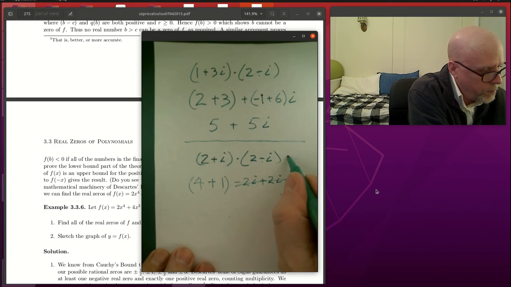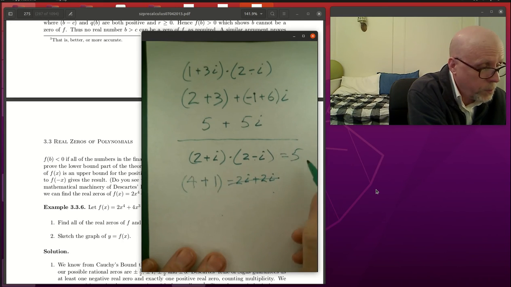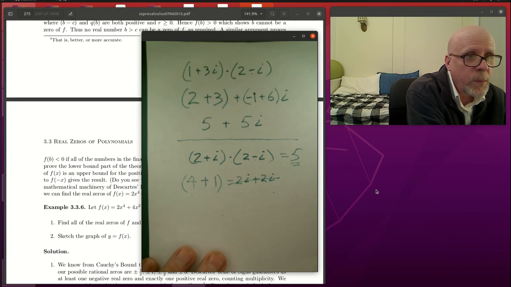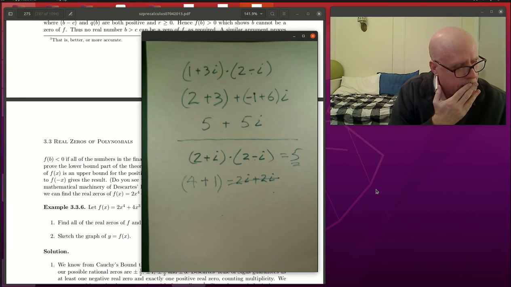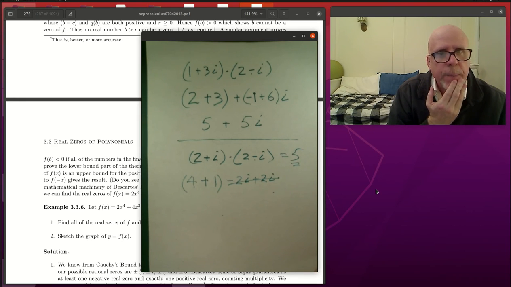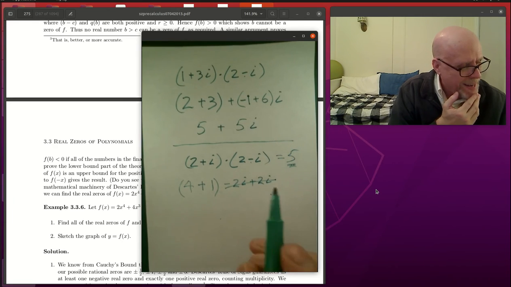So really those are gone. So this product is 5, which I think is a little surprising. The product of two complex numbers ended up being a real number. Well, don't forget the real numbers are complex numbers too. So, all right. That's fine. When does that happen?